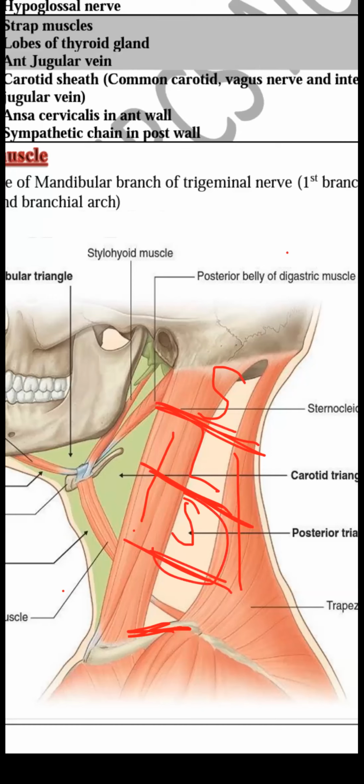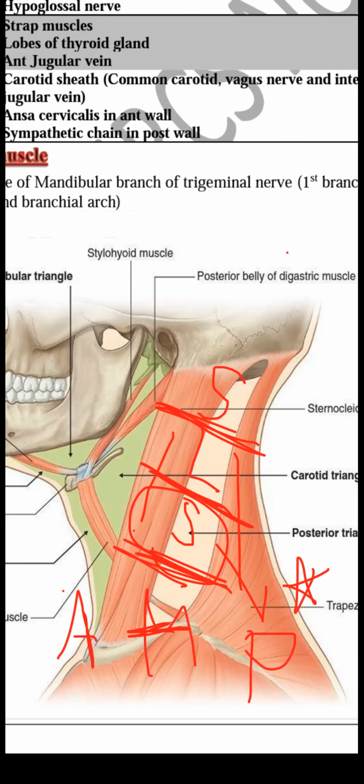This scalene muscle is very important and has an important anatomical landmark. This is called the scalenus medius. So medius here means that you have scalenus anterior, scalenus medius, and scalenus posterior. So scalenus medius is part forming the floor of the posterior triangle. The scalenus anterior is the content.